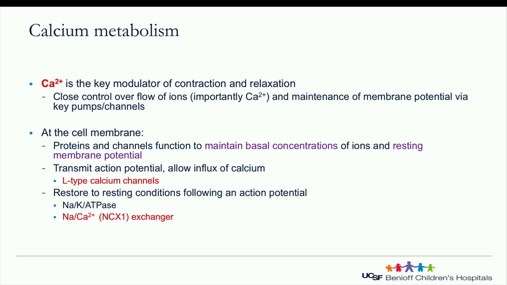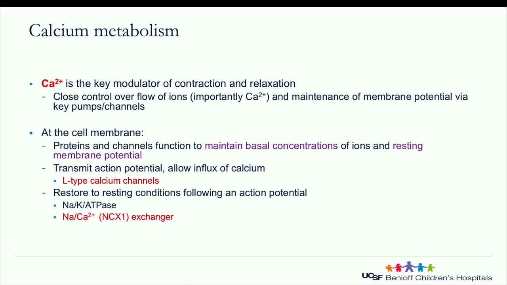When the myocyte depolarizes, the key protein that transmits the action potential and allows influx of extracellular calcium is the L-type calcium channel. These are a key player in calcium metabolism, specifically in neonatal hearts, where the sarcoplasmic reticulum is less mature, and the influx of extracellular calcium is really crucial to contractility.